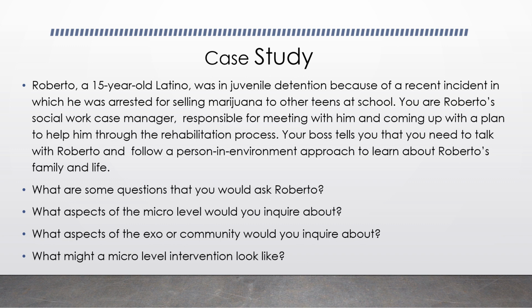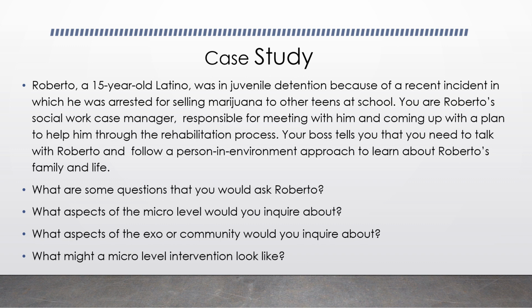Are there other options where he could make money? He could work part-time jobs that would be safer in terms of getting arrested and things like that, and that would interest him. So again, thinking through all of these different things. What's Roberto's motivation? Why did he get to where he's at?